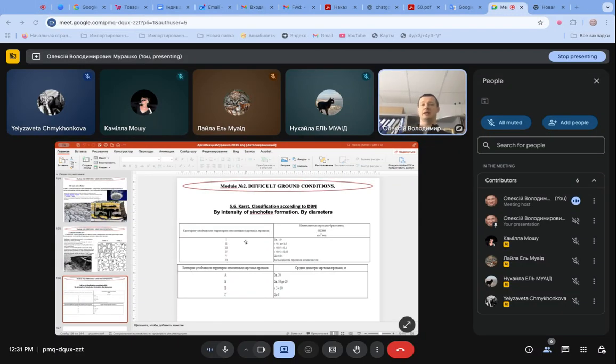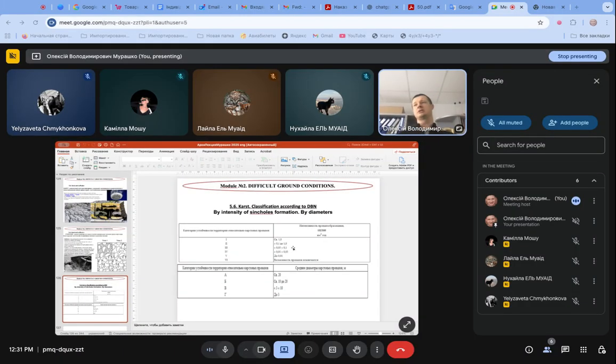And it will lead us to the second category of karst dangerous territories. So the first classification: amount of sinkholes per year per 1 square kilometer.